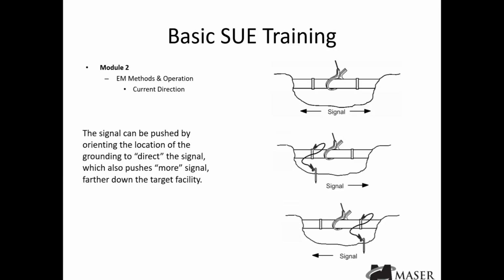And then what would happen is all of the signal would then be forced to move to the right down line so that we could essentially push a higher volume of signal that way.